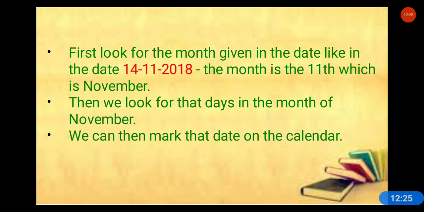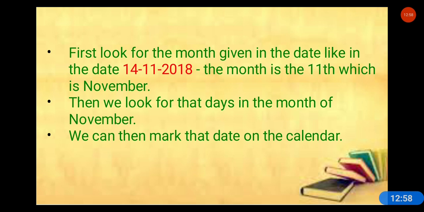So first you have to find out the month which is written between 14 and 2018. 11. So 11 is the month. So you have to find out, in order, which month comes as the 11th. So it is the month of November. The 11th month of the year is November, right?